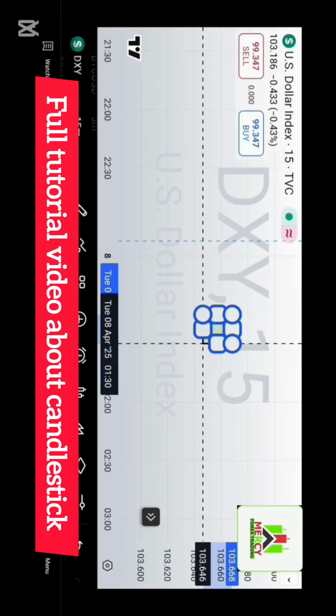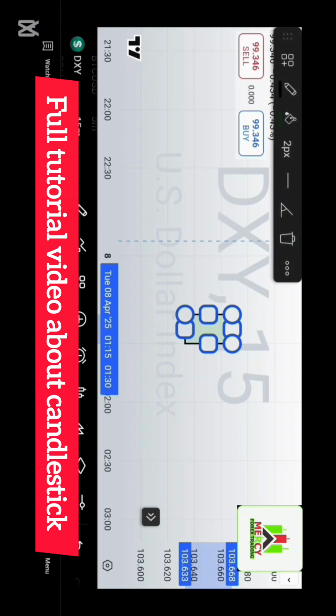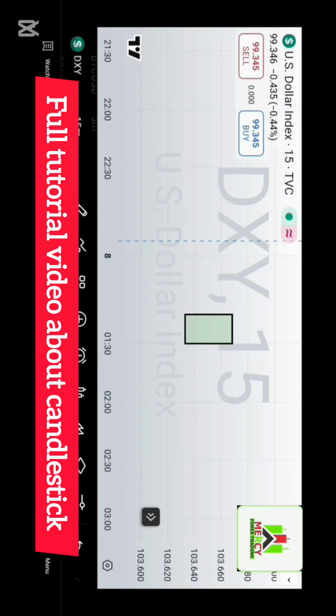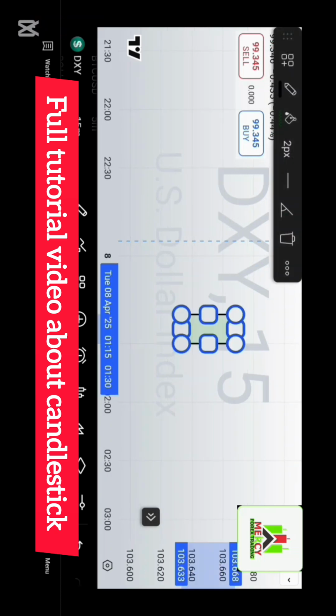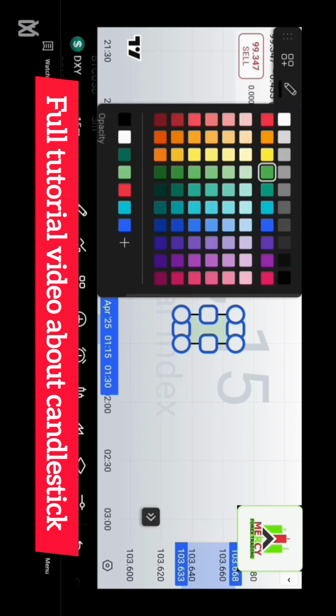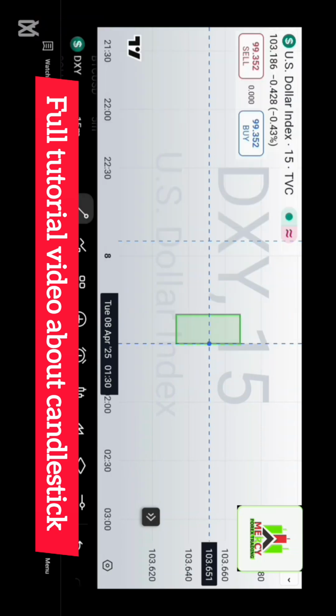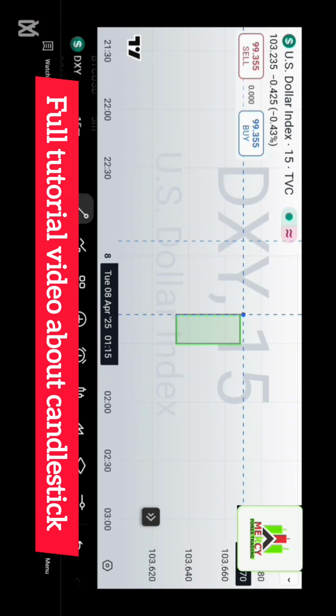Just assume it like this. If they say candlestick body, this is what we call the candlestick body, right? Then if they say candlestick wick, it is this thing you are seeing, something like this that you see in the chart.